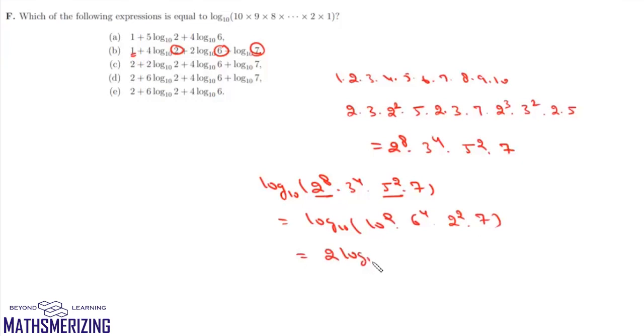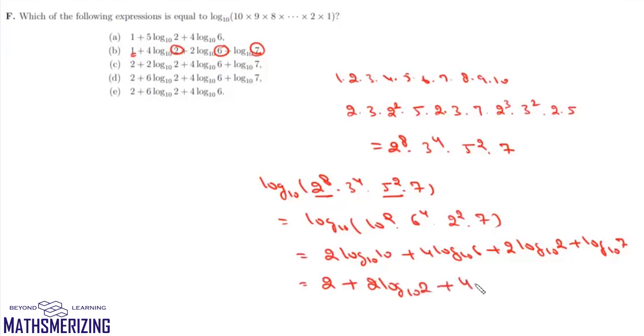We'll get 2 log 10 base 10 plus 4 log 6 base 10 plus 2 log 2 base 10 plus log 7 base 10. Now log 10 base 10 is 1, so it will be 2 plus 2 log 2 base 10 plus 4 log 6 base 10 plus log 7 base 10, and that's your option number C.